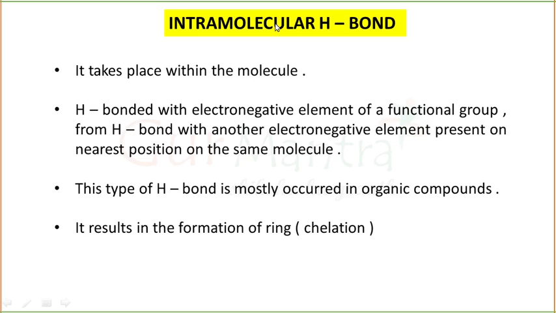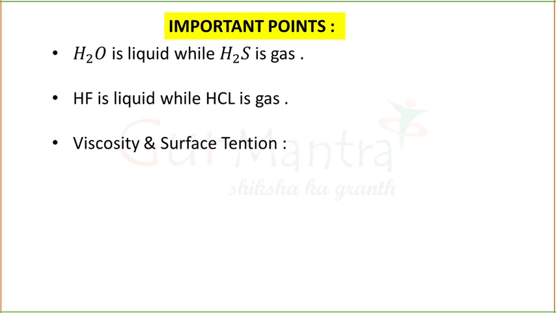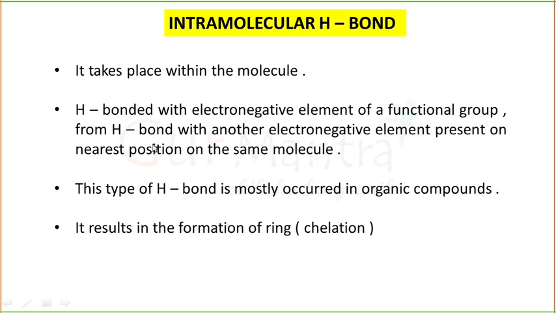This intramolecular hydrogen bond is most likely to occur in the organic compounds, and these organic compounds result in the formation of ring. And as you know, when the formation of ring takes place, the most common kind of bond found is intramolecular hydrogen bonding.